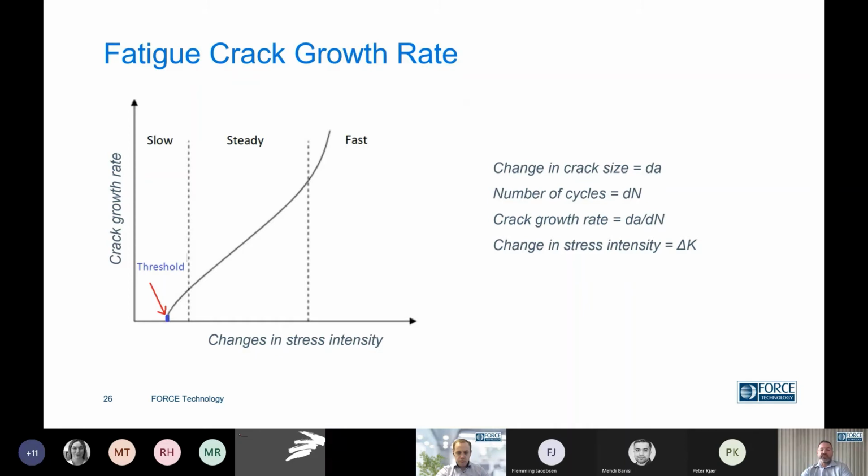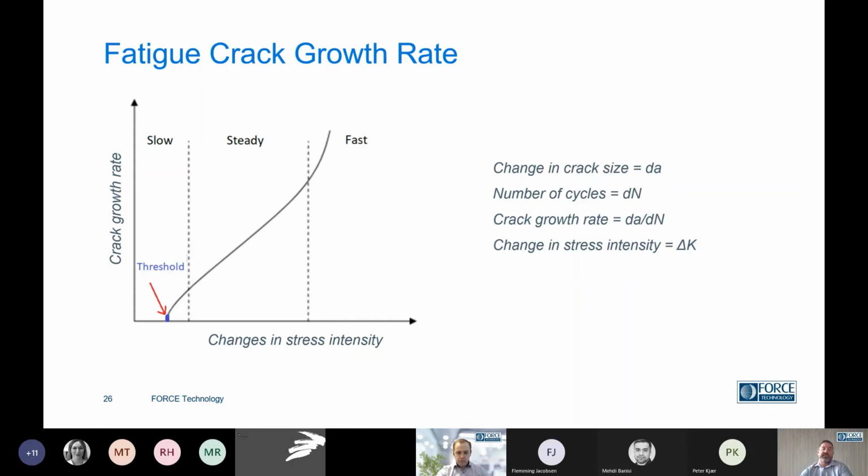And another important thing there is this red arrow, which points at a threshold. What this threshold means is that before this, the crack will not grow, regardless of how many cycles there are. It's just because the stress intensity is not big enough.